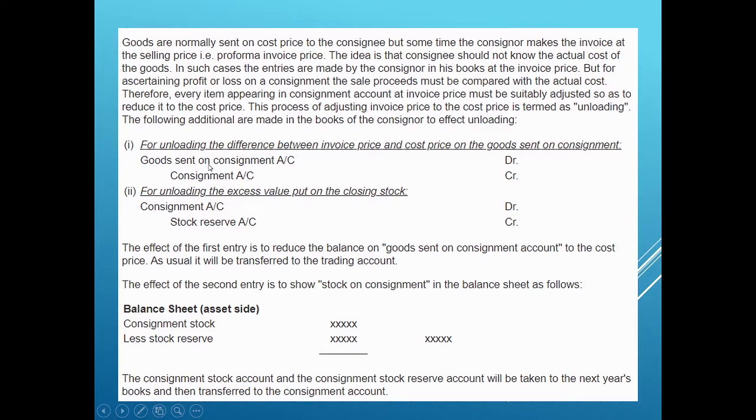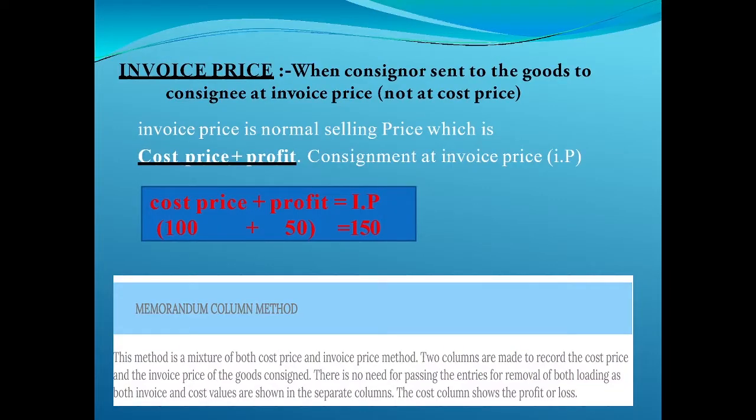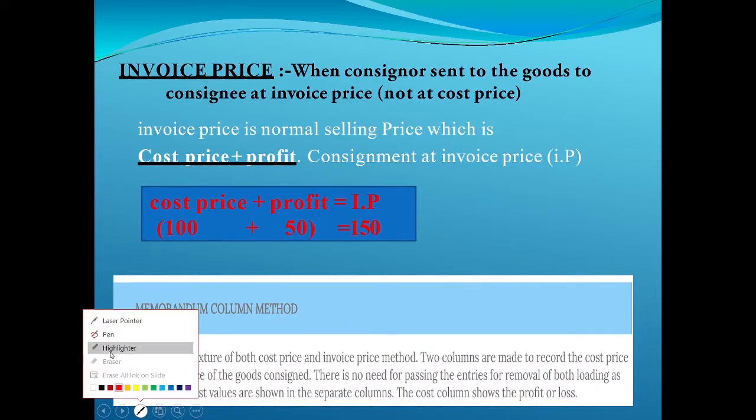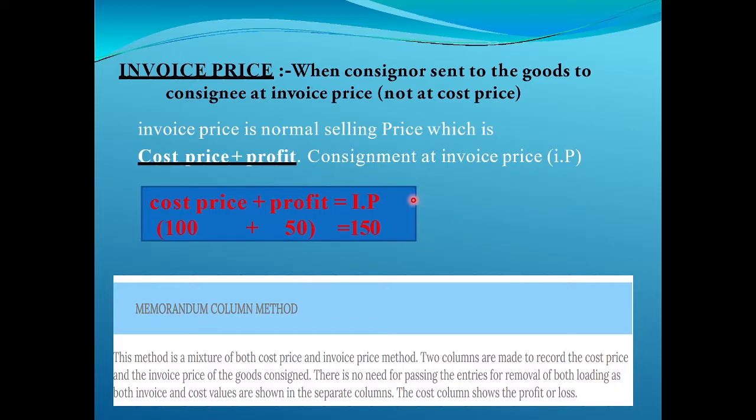What is the first journal entry? Consignment account debit to goods sent on consignment, 150 rupees according to the example given.